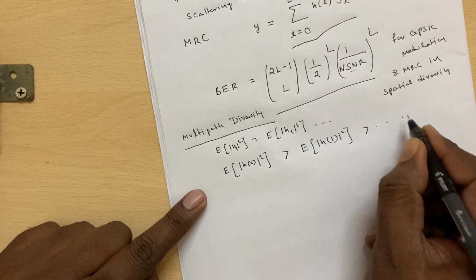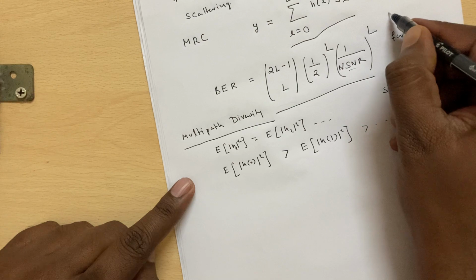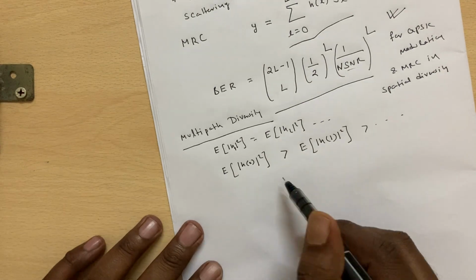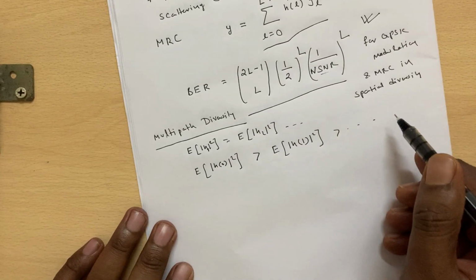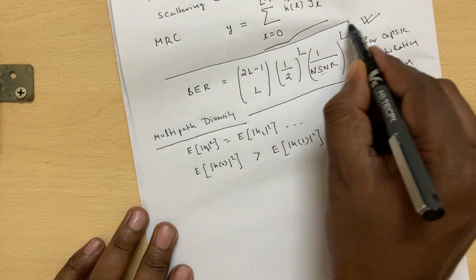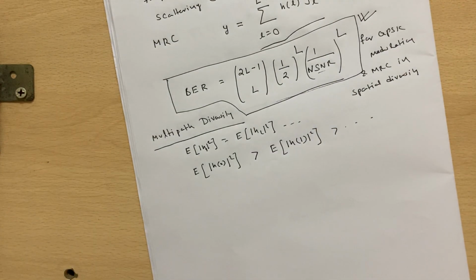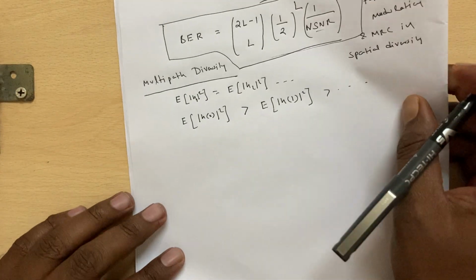But neglecting this fact, one can use the same expression used for spatial diversity. So assuming that all tap coefficients have equal power, we use this expression to calculate the bit error rate for this CDMA system and for this rake receiver.